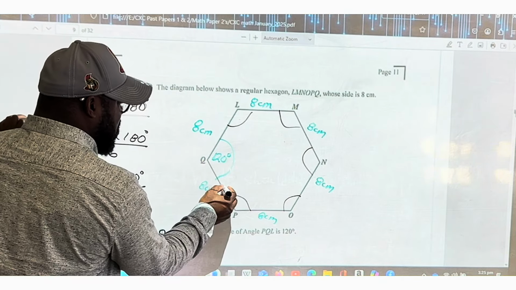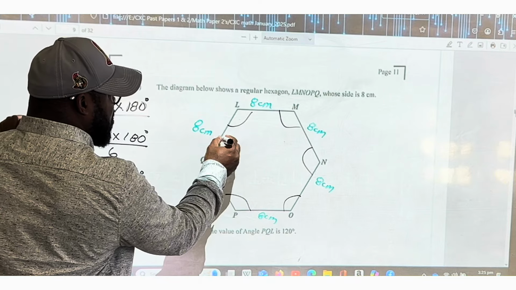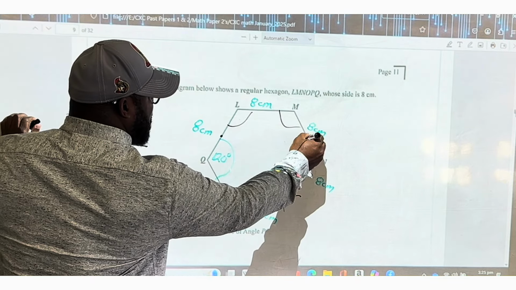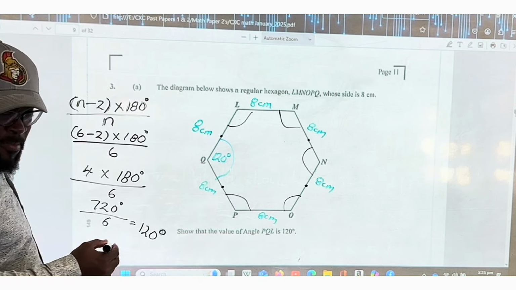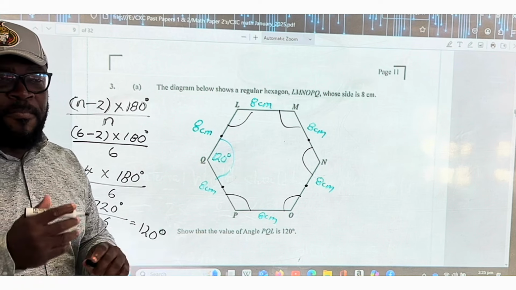PQ, QL, MN, NO. When it cuts them, where does it cut them? The lines.